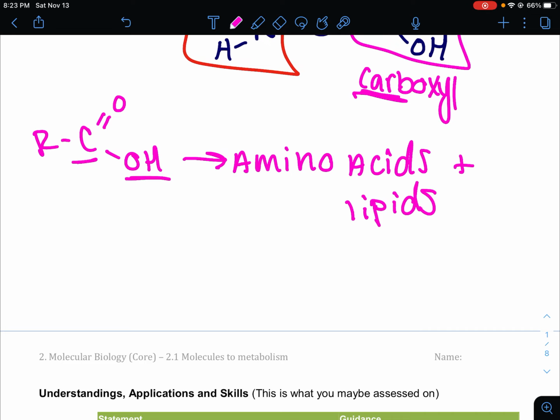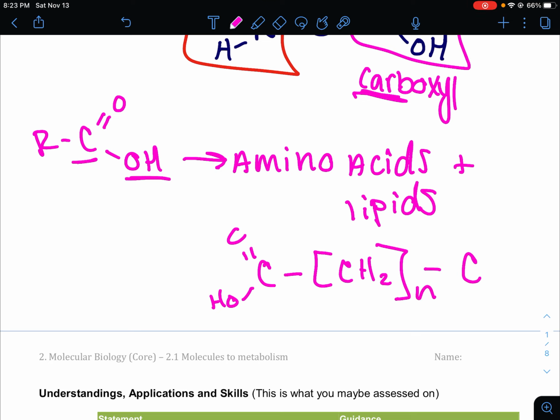In the lipids, it looks like you have the carboxyl here, and then you have CH2 and connected to CH3. So right there is your carboxyl.